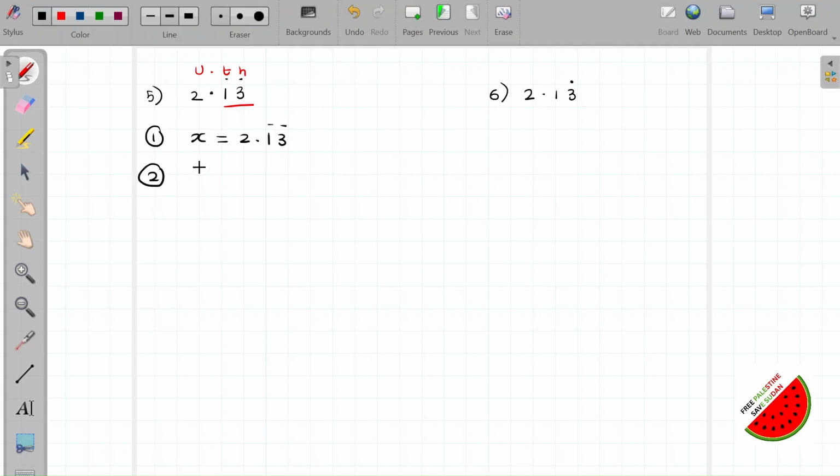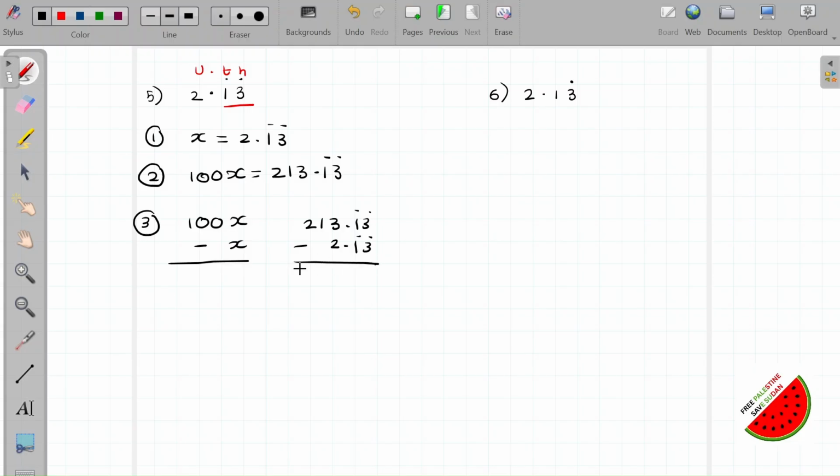Just one multiplication. So 100x is 213.13 recurring. Okay, then we go on to the subtraction. 100x minus x will be 213.13 minus 2.13.